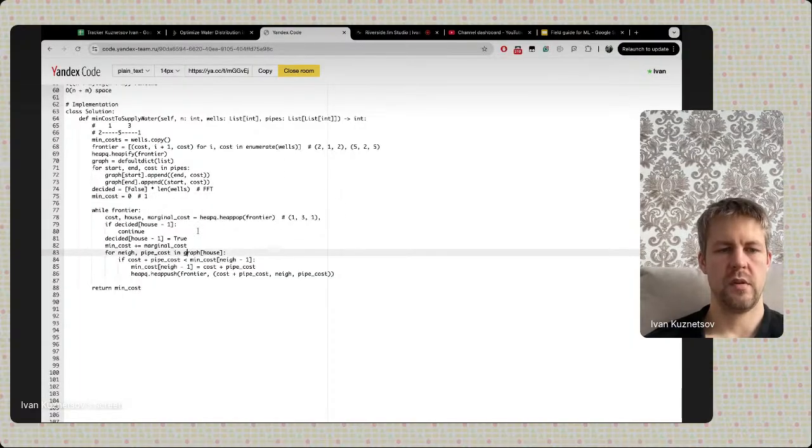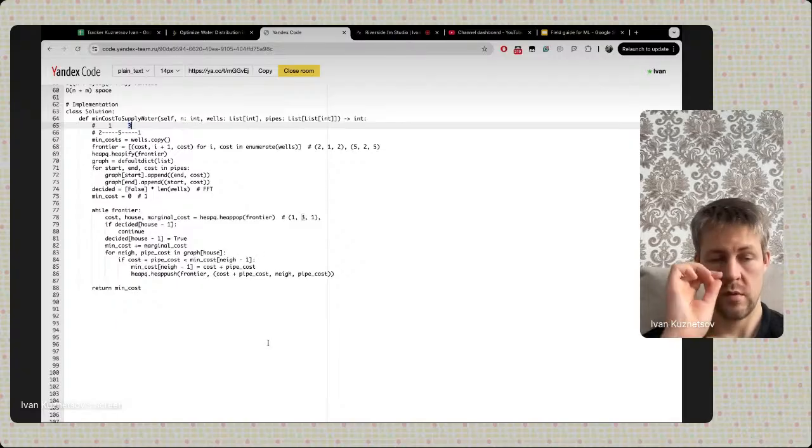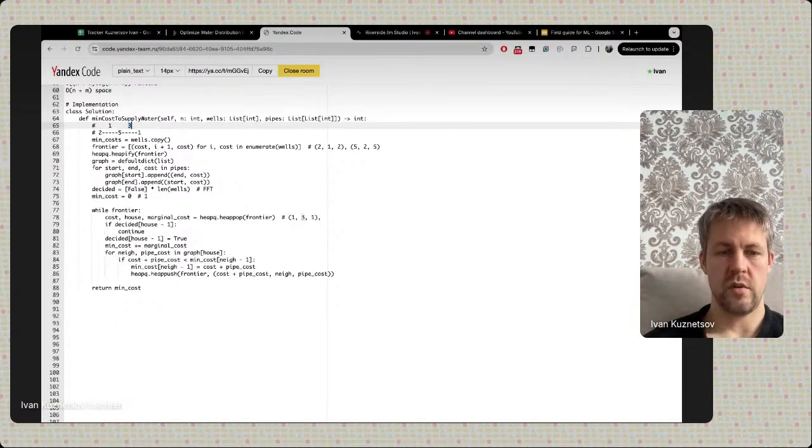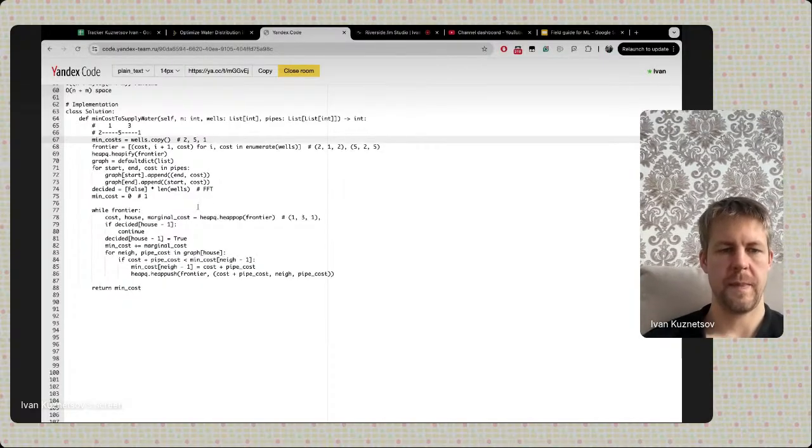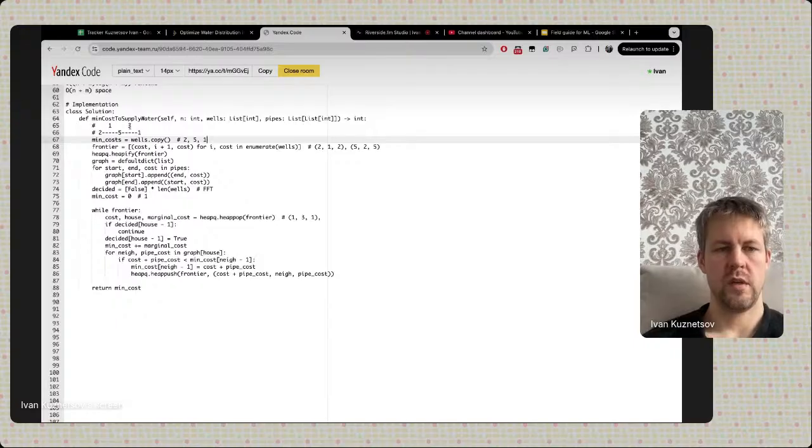Then for neighbor and pipe, we have neighbors, this one, right, just one, and it will be cost plus pipe cost. It's actually smaller than the current cost, right, because it will be 5 and 1, and we are basically proposing to build it in 1 and 3 and 4.